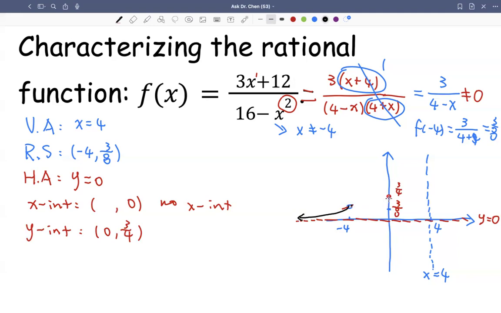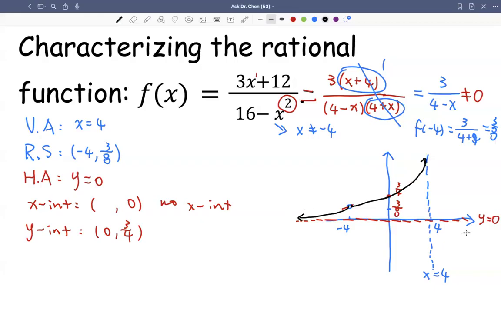Then this side goes across the y-intercept, but then it goes closer and closer to the vertical asymptote, but we'll never touch it. So this is one side of the graph.